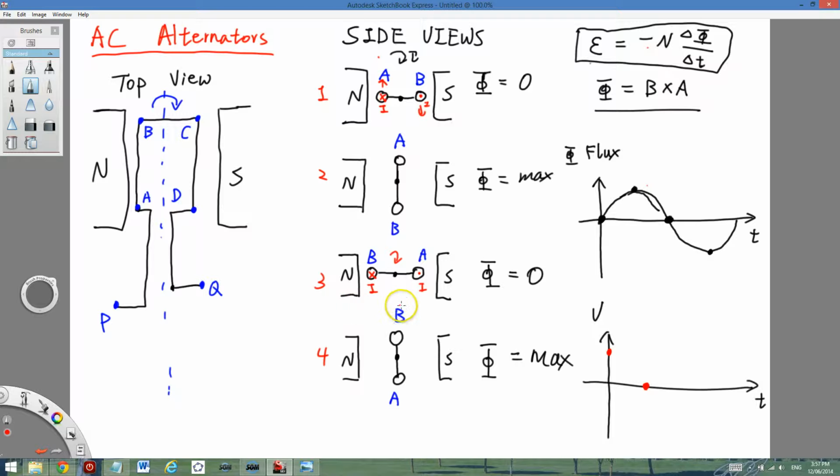At position 3, when we rotate it 180 degrees, the magnetic flux is 0 again, but we have a negative gradient. It's decreasing. So the gradient is maximum, then we have a minus voltage because the gradient is decreasing.